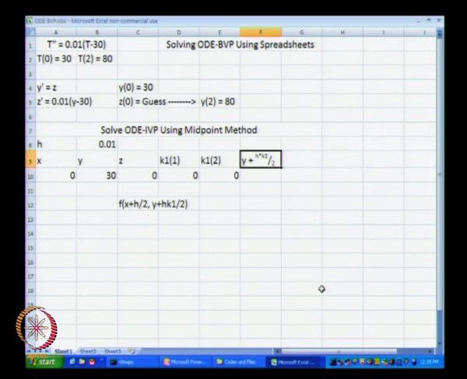So this is going to be y plus h k1 by 2, and likewise we will have z plus h k1 by 2.